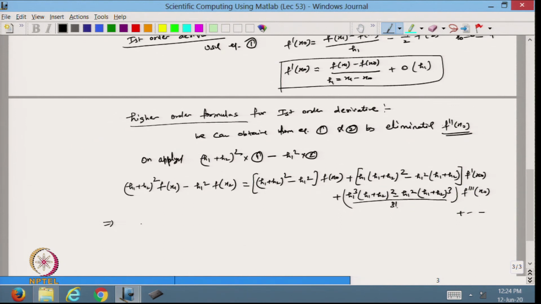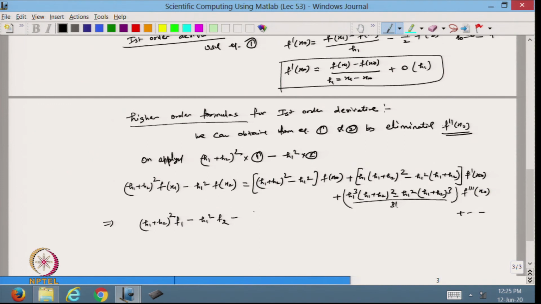Now, from here I can write this as (h1 plus h2) square, this is my f1, minus h1 square f2. Now I can take this expression on the left hand side.